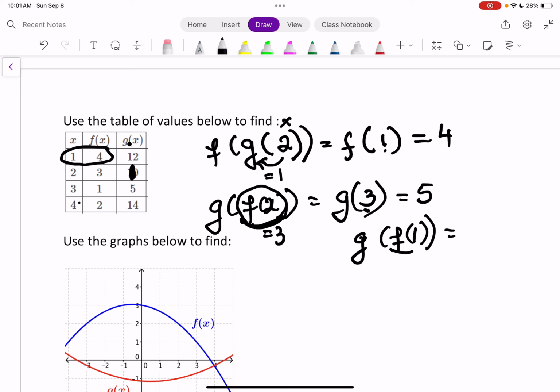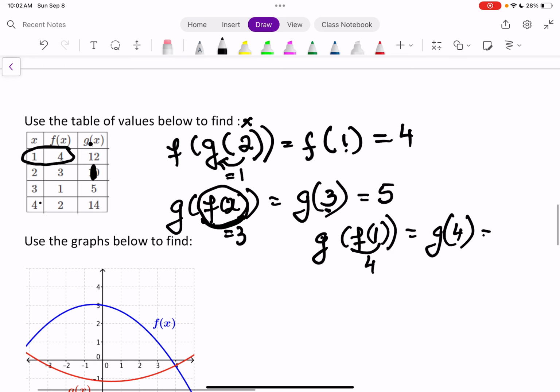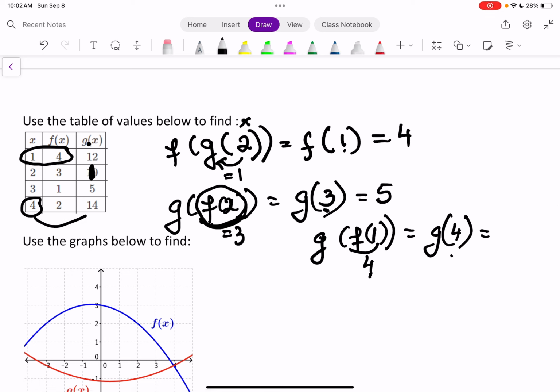When x is 1, f of 1 is 4. Now this statement says to plug in 4 through the function g. So that means x is 4. What is g of 4? That would be 14. So you have to do two operations one at a time. You start on the inside of the parentheses, and you do that operation first.